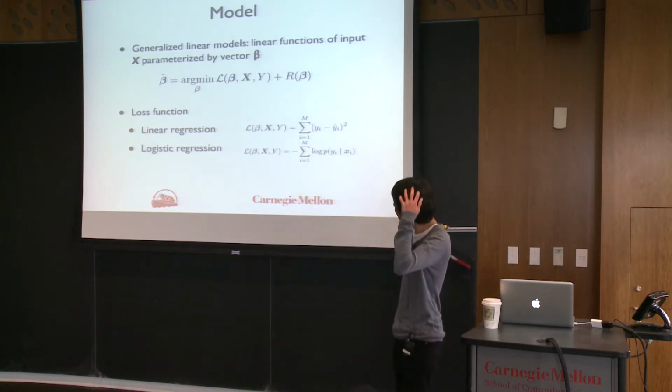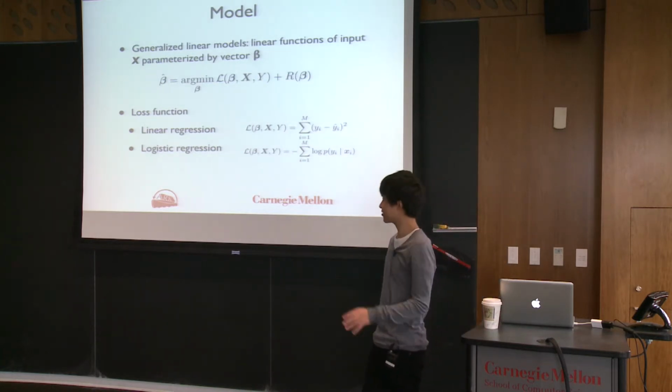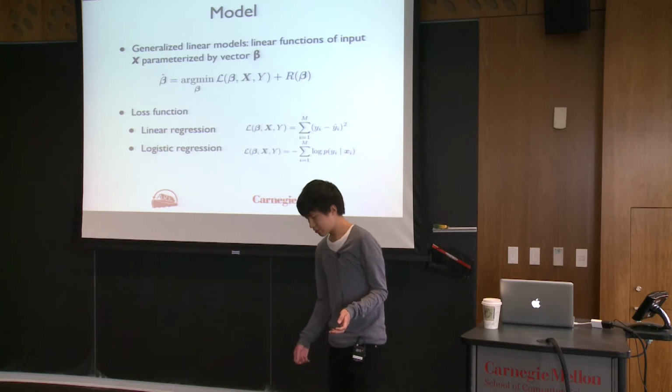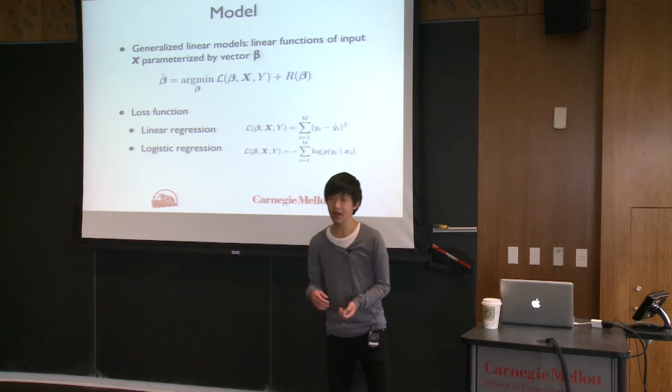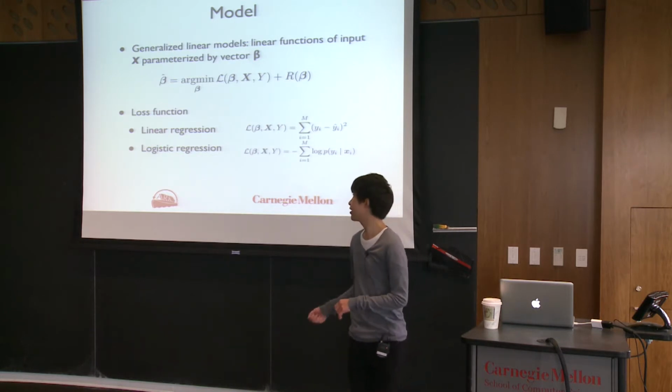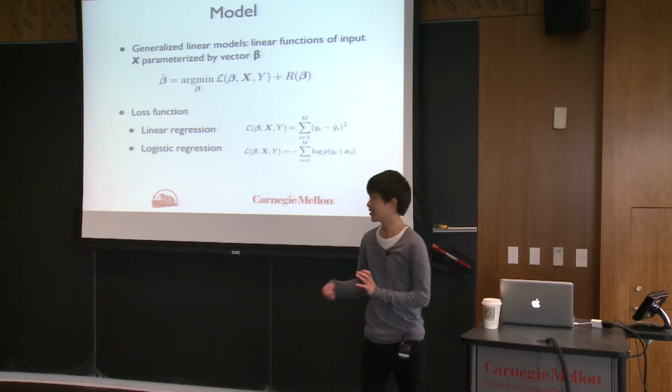So here's what linear models look like. Our output is a linear function of feature vector x and a parameter vector beta.